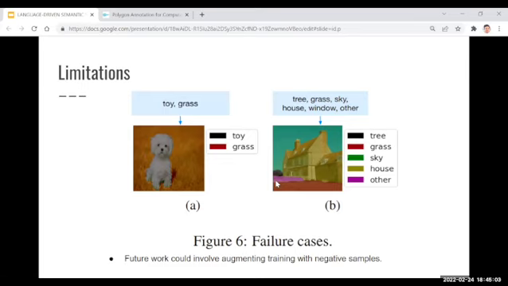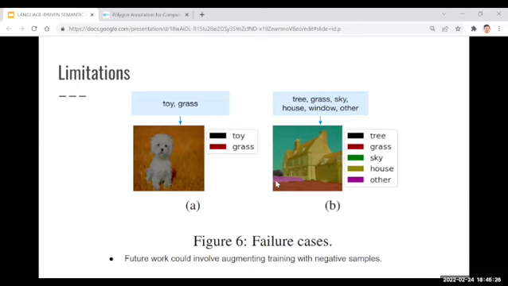Okay. So in this specific example, the model assigns the label toy, since the visual features of that dog are apparently closer to the toy than to the grass, whereas in the embedding space there is no other label that can explain the visual features.